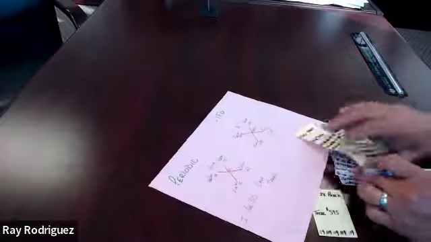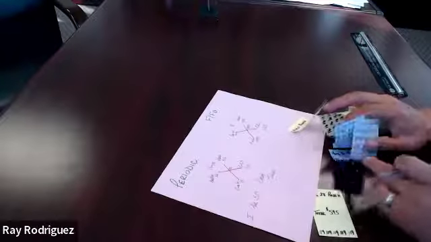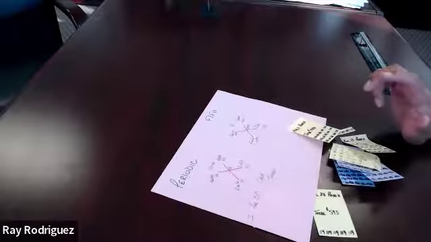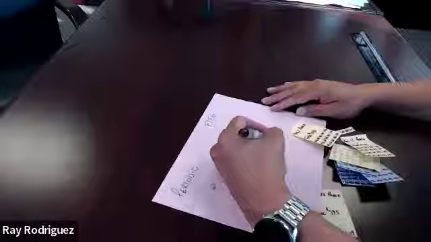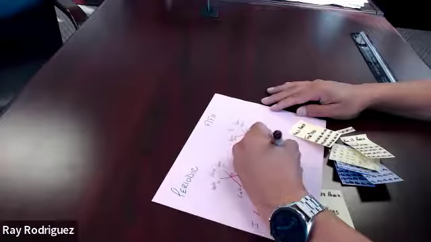Our sales, 2,600 plus 2,100 plus 3,750 is 8,450. Our cost is the second journal entry we need to make.